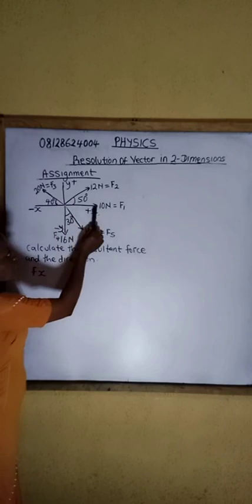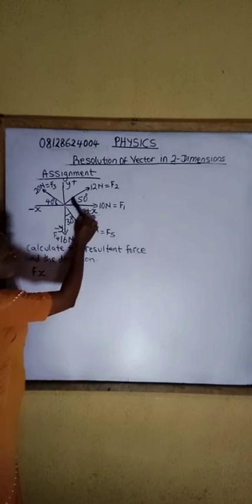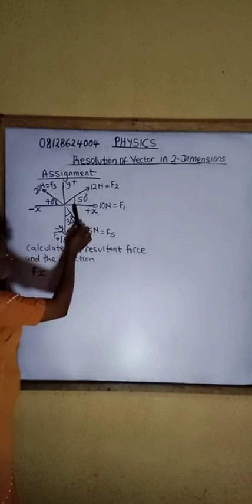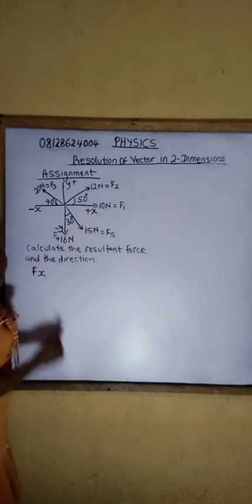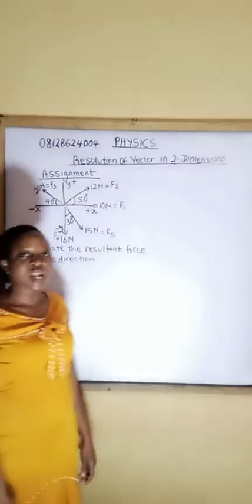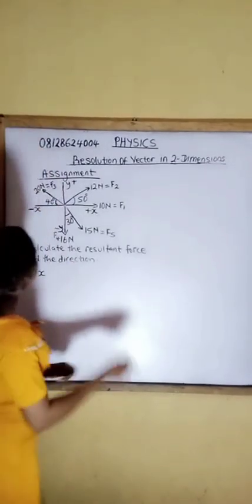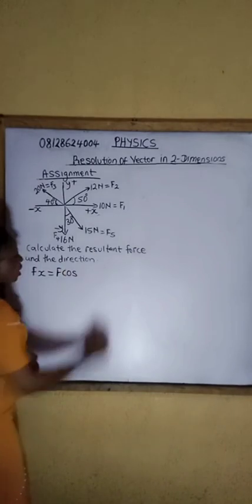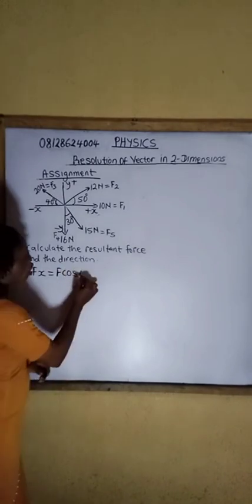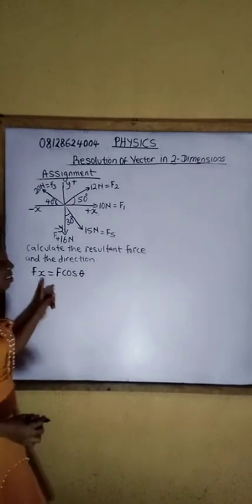When a force is inclined at an angle towards the horizontal line, we call it Fx. Now to find Fx, you use F cos theta. Fx is F cos theta.